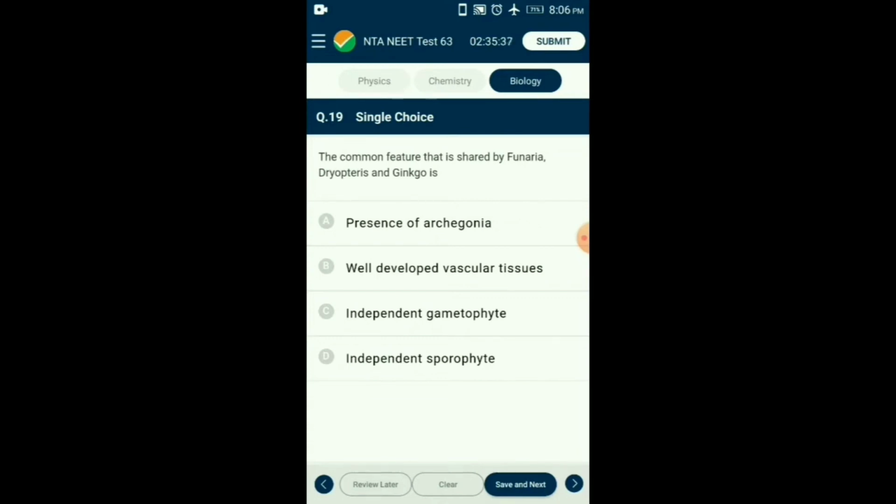Dryopteris is a pteridophyte in which the female sex organ is archegonia, vascular tissues are developed, and the main plant body is an independent sporophyte. Ginkgo is a gymnosperm in which the female sex organ is archegonia, vascular tissues are well developed, and an independent sporophyte occurs. So the answer for this question is option A, presence of archegonia.